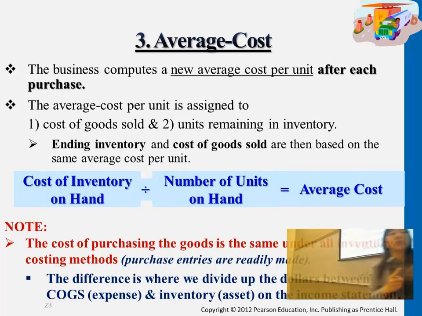So if companies use this method, they don't assume that customers purchasing from earlier batch or later batch. But if they purchase a second transaction, they will be averaging out these two, find an average number. And if they have a third purchase transaction, then they will be averaging out all three numbers here.